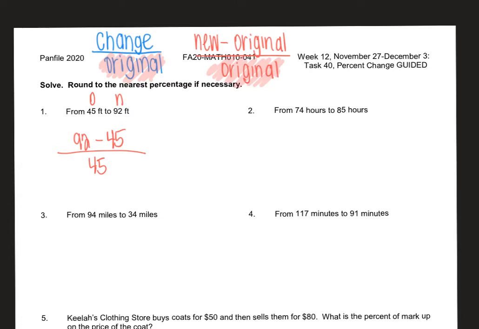But you can also use just the common sense logic that you have to look at your numbers and say whether or not you're increasing or decreasing. So if you're going from 45 to 92 feet, then this is going to be an increase. So even if I were to get the number answer incorrect, I still have it half right because I know that that is an increase. So therefore it's going to be a percentage increase as well.